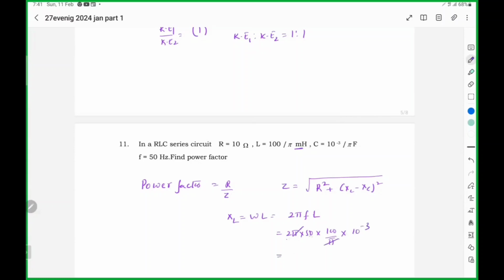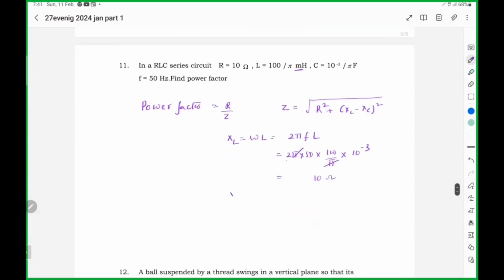So it is 100 into 100, which is 10 ohms. XC will be 1 by omega C. Omega is 2 pi, F is 50, C is 10 power minus 3. So it is 1000 by 100 pi.